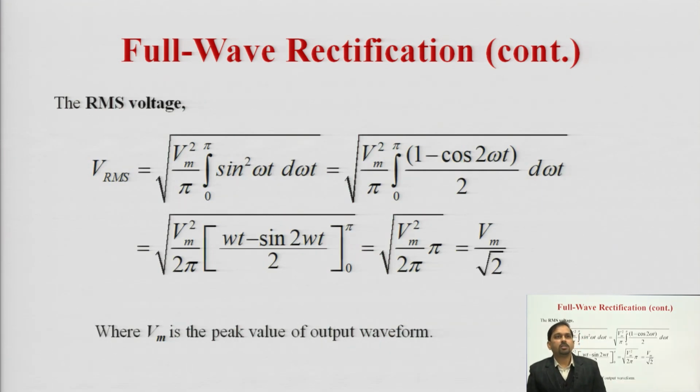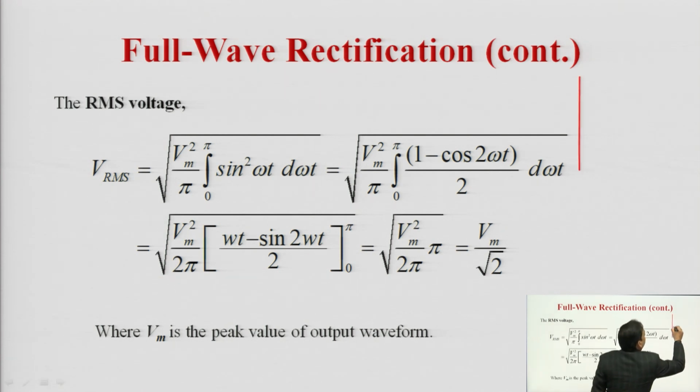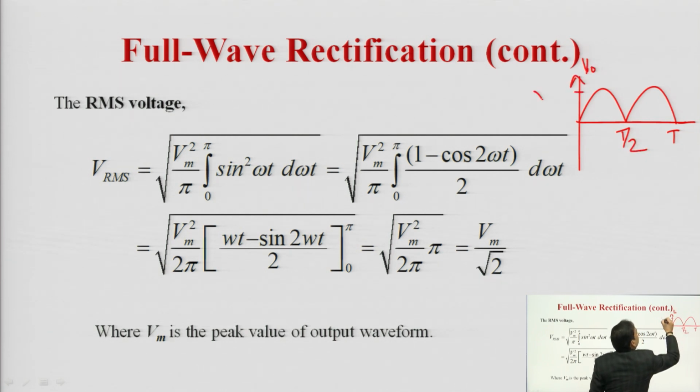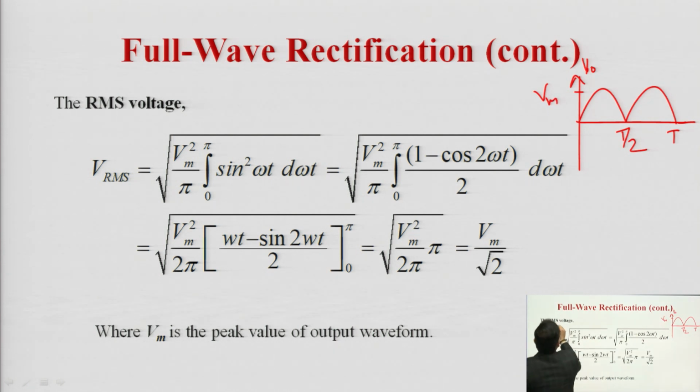First of all, for the full wave rectifier, we want to calculate the RMS voltage. For this particular waveform, this is T, T by 2, this is T, this is V out and this value was Vm. RMS is root mean square.